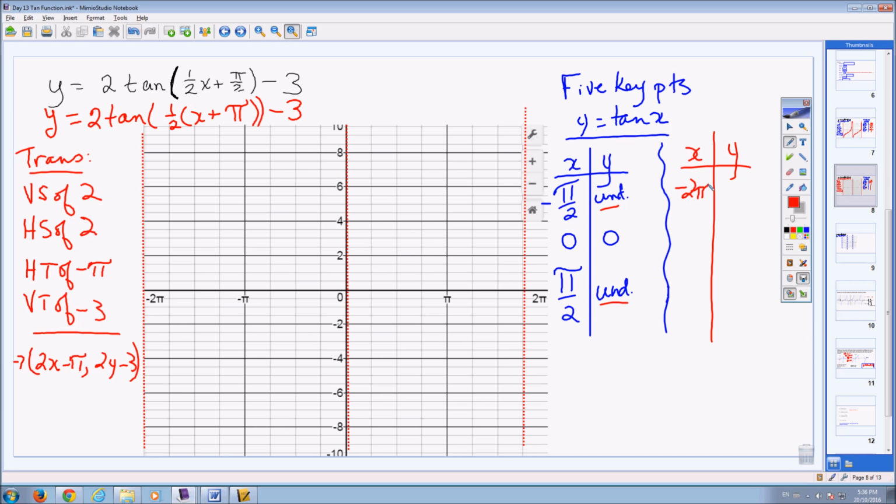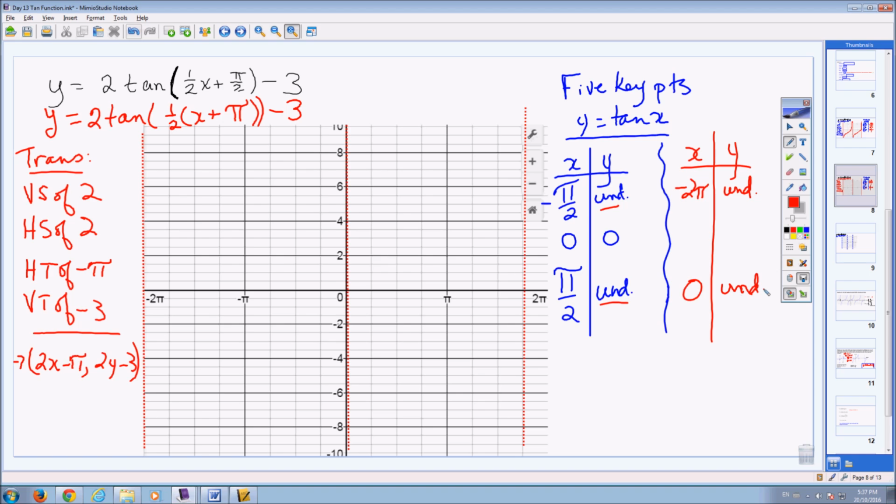And my y at that same point is still undefined. So that's our first asymptote. The second asymptote is going to be 2 times pi over 2 minus pi, so I'm going to end up at 0, and my other y is undefined.